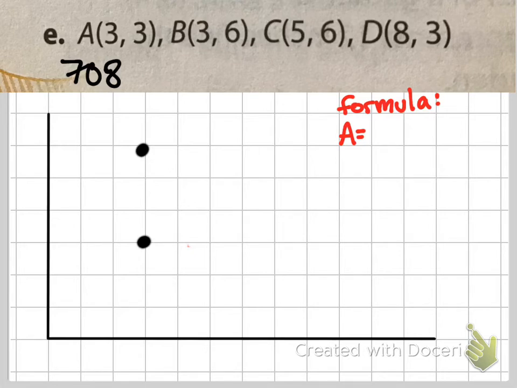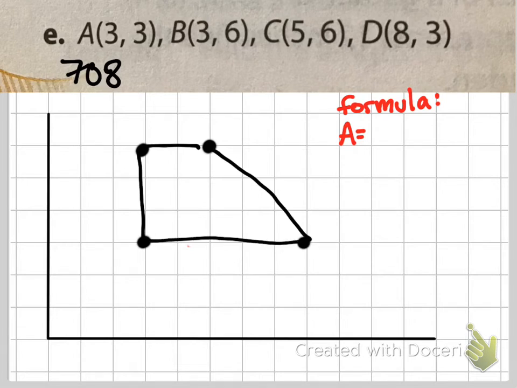Then she's going for the next one, which is 5, 6, excellent. And then her last point, 8, 3. Perfect. Excellent job, Carmen. And we connect our points together. Boop, boop, boop, boop.